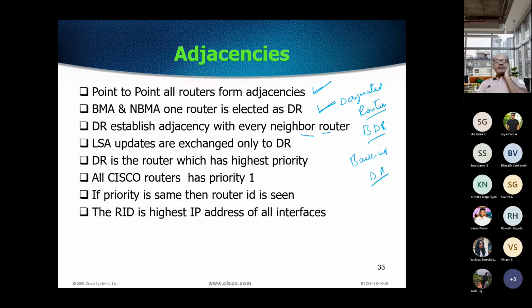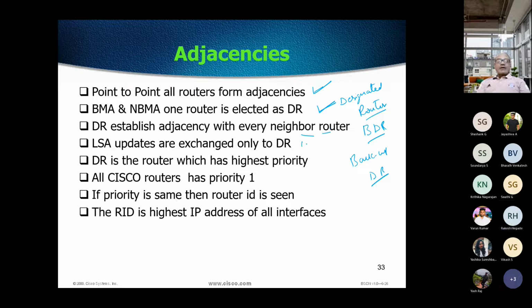The DR in OSPF is like a team lead, guys. I think Hema and Divya Bharati are the team leads here. Means they form a neighborship with all the people directly connected to them.